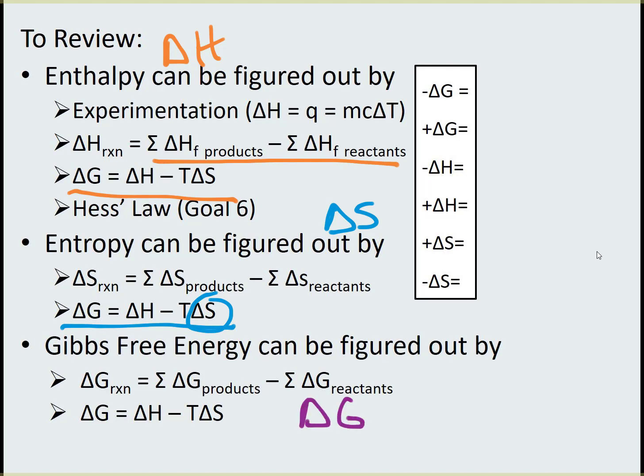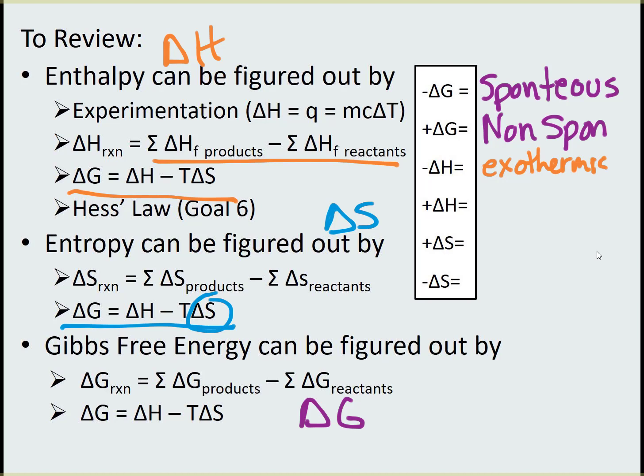So what do all these values mean? So if I have a negative delta G, this means it's spontaneous. So a positive delta G would be non-spontaneous. What does a negative delta H mean? A negative delta H means that it's exothermic.